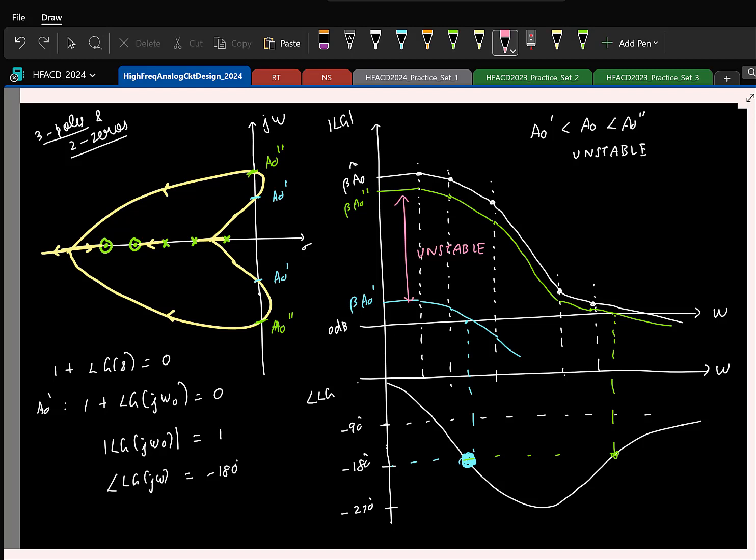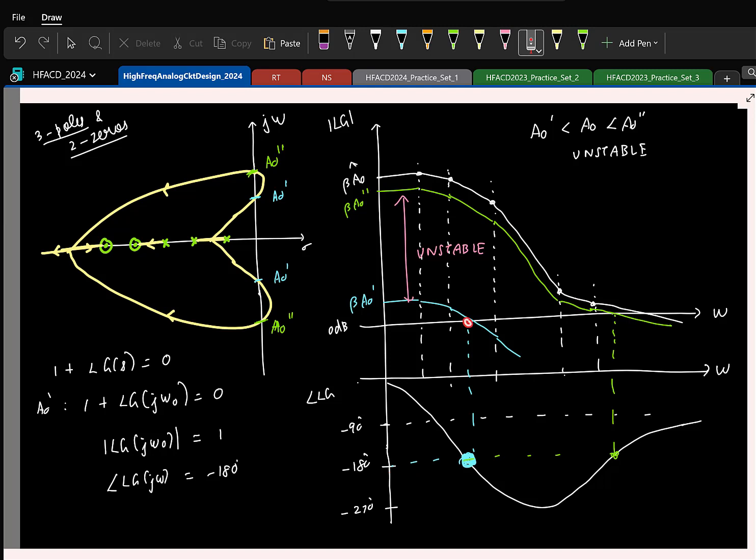So we just have to make a simple observation now. First of all, how did I sketch the plot for DC gain A naught prime? When the phase was minus 180, I made sure magnitude is 1. Same for this one also.